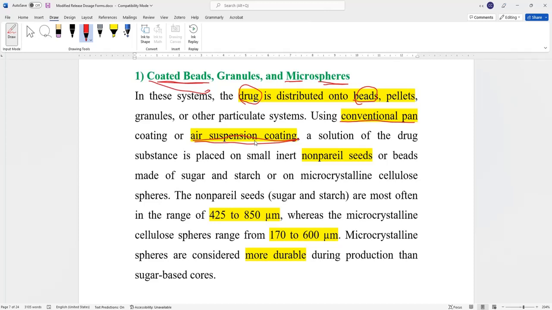Now remember, we put the tablets for sugar coating in a pan, and the pan starts rotating, and then we spray the sugar on the tablets. Now we do a similar thing here, but instead of tablets we are using nonpareil seeds. Nonpareil here indicates sugar and starch.